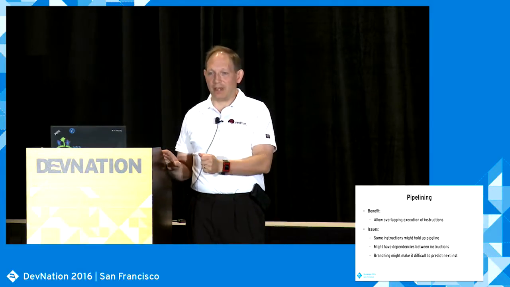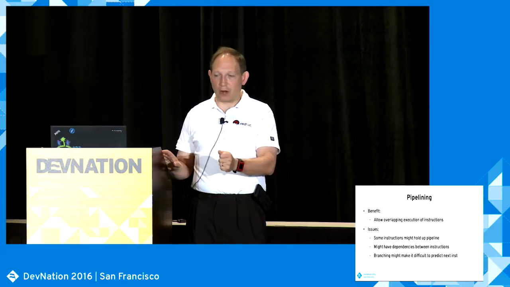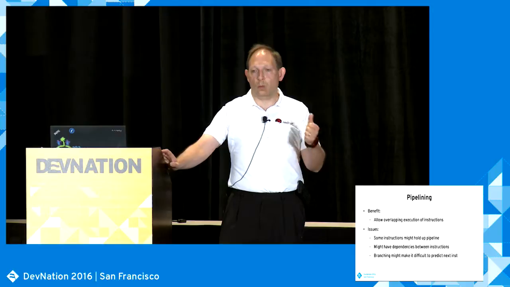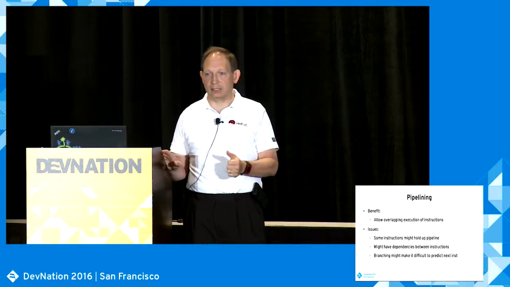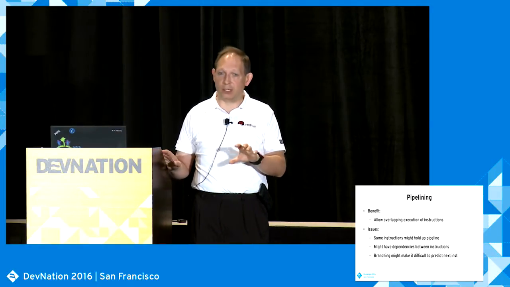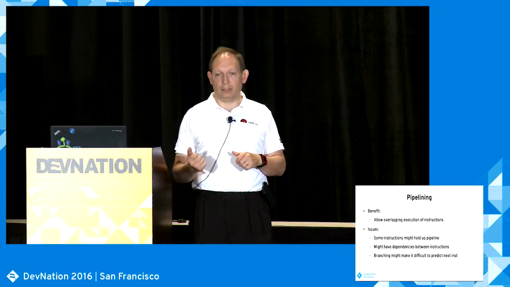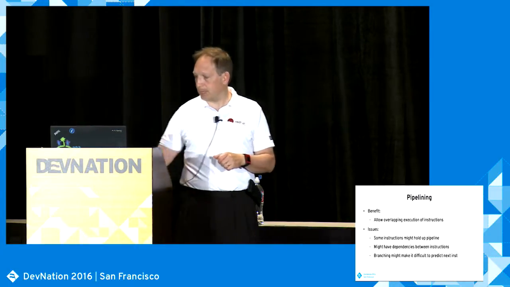Pipelining works well if you know what the next instruction is to fetch. But anytime the processor has a branch, it has to determine where to get the next instruction, and that can slow things down, particularly if it's a conditional branch where it may fall through, or it may continue on to a different place. Okay.